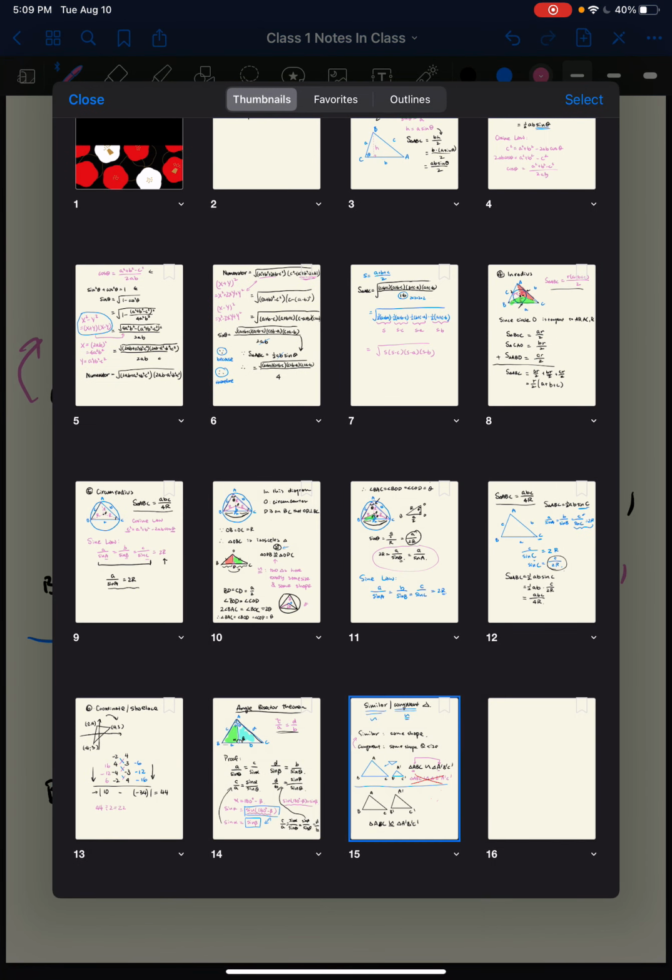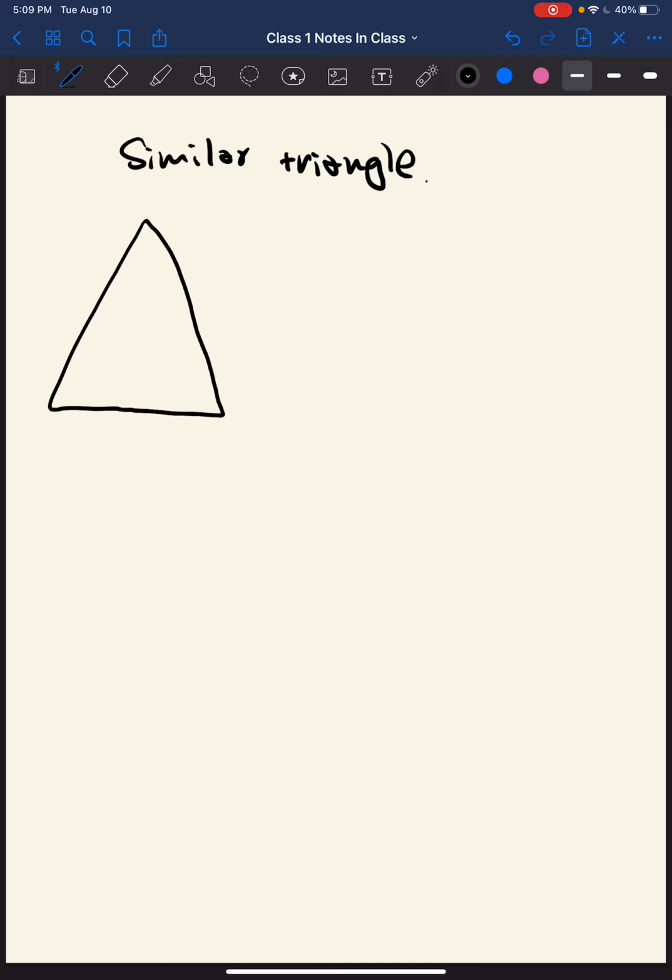Last slide. I'm going to talk a little bit more about similar triangles. Similar triangles is something AMC really likes to do. However, it doesn't tell you directly that two triangles are similar, it is in the question.